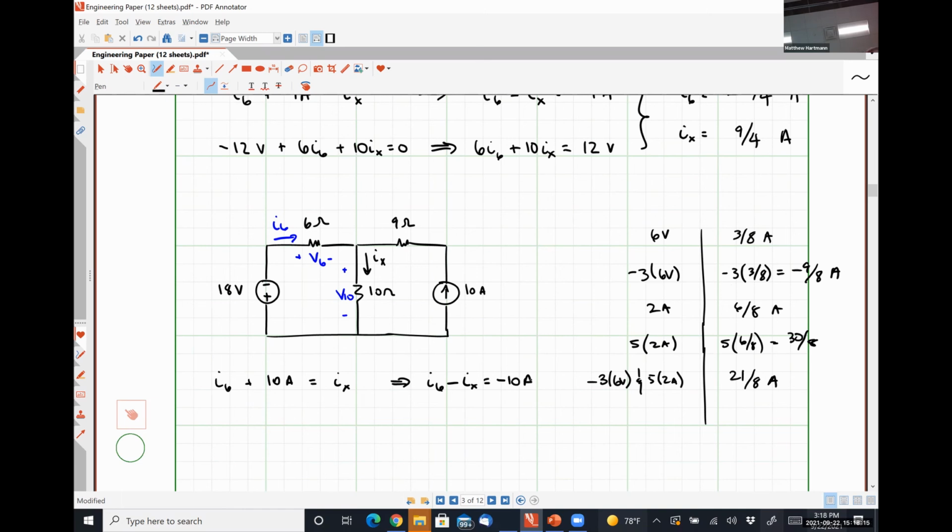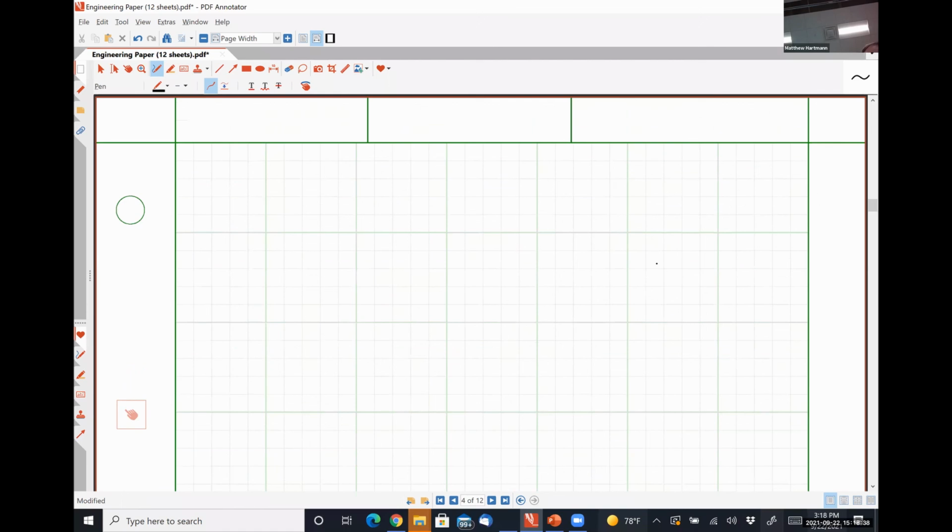For my Kirchhoff's voltage law equation, I'm going to have positive 18 volts plus 6 I6 plus 10 IX is equal to 0, which I can rewrite as 6 I6 plus 10 IX is equal to negative 18 volts. I solve these two.